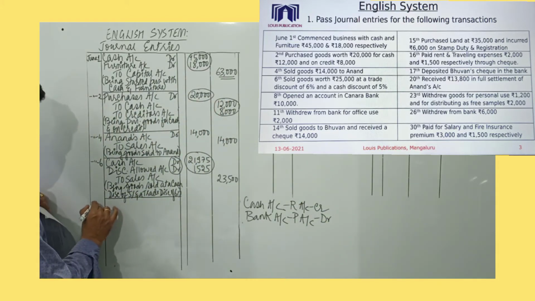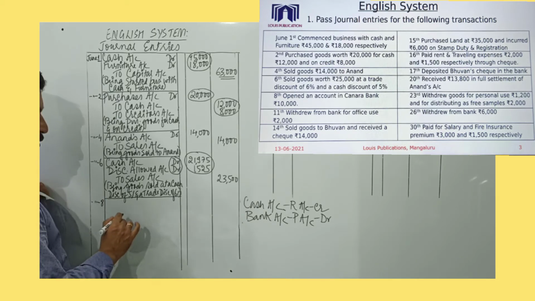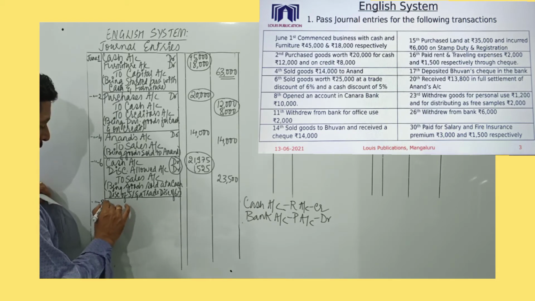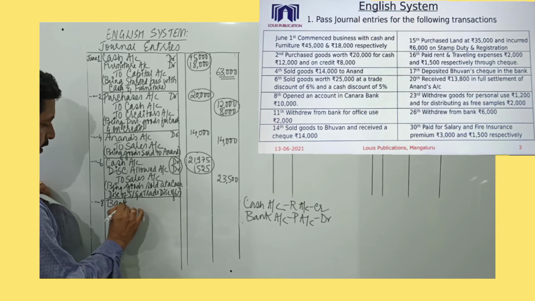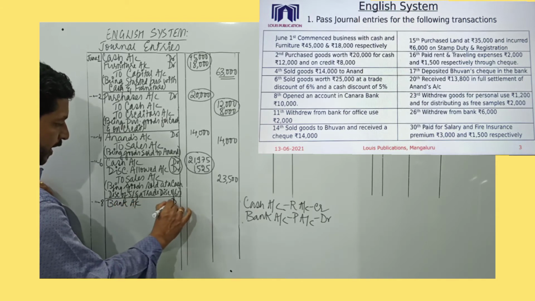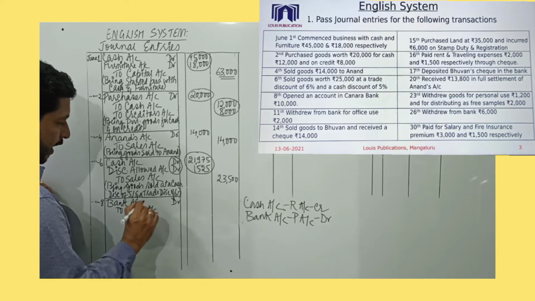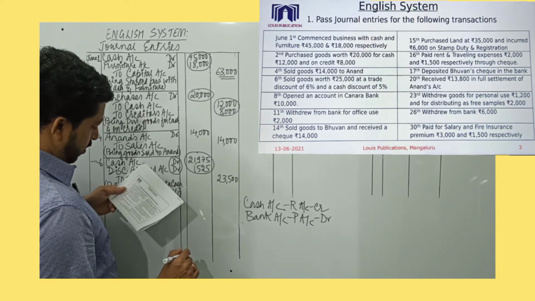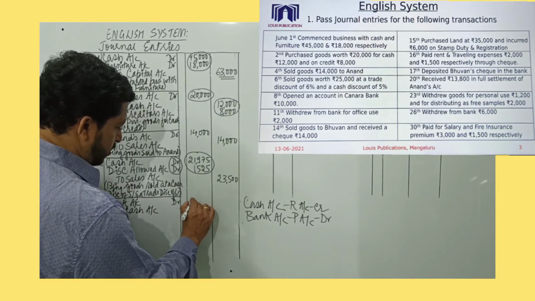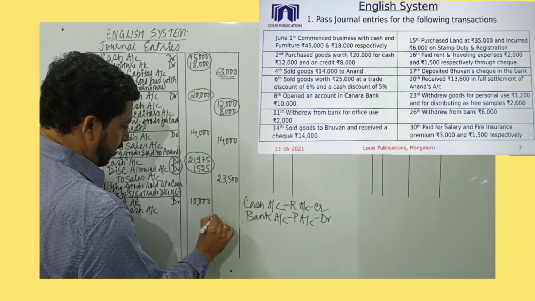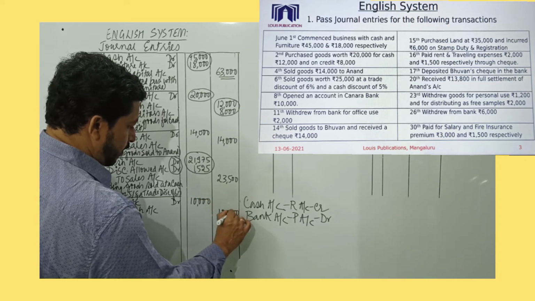And the entry would be, that is June 8th, bank account debited to cash account. And the amount will be 10,000 rupees. So you can record 10,000 in the amount column.